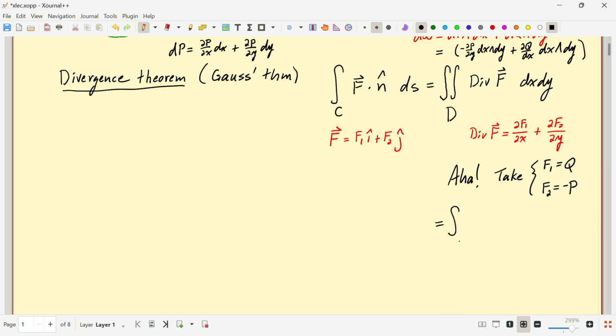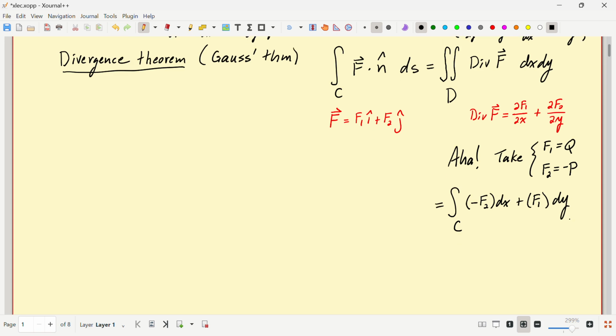the integral around C of minus f2 dx plus f1 dy. And the question is, is that equal to the thing on the left, which is actually called the flux?